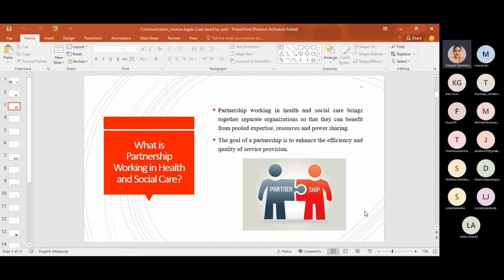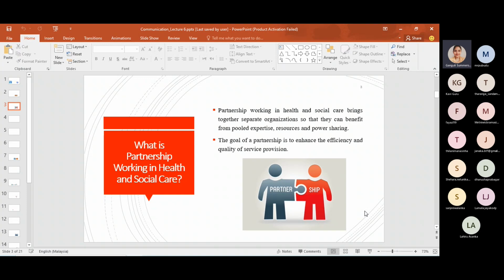This is the advantage of partnership working, because when you do partnership working, you can always share things. You can share knowledge among organizations, because different organizations have different values, different visions, different missions, and different experts, different kinds of people coming from different backgrounds.